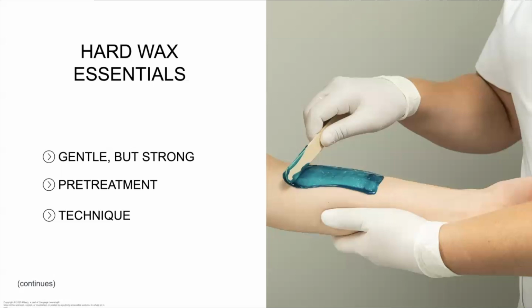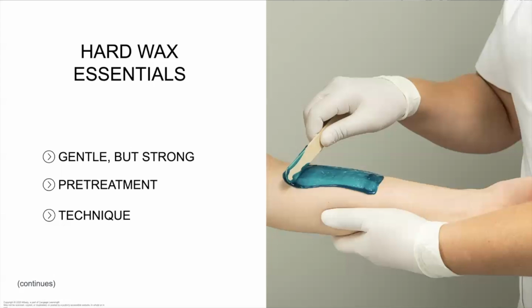The hard wax that you're using is going to dictate at what point you remove it. It can be removed in the direction or in the opposite direction of hair growth, which is what makes hard wax essential for waxing in areas like Brazilians, underarms, the butt strip, and facial waxing because there's typically multiple hair growth directions and you don't want to use soft wax in areas where the hair grows in multiple directions.